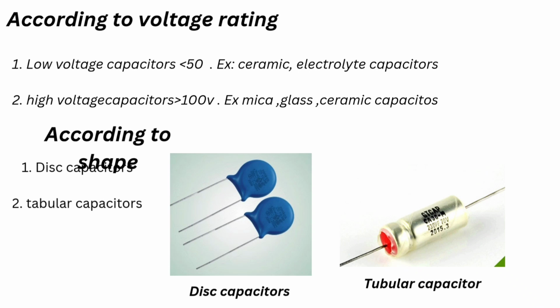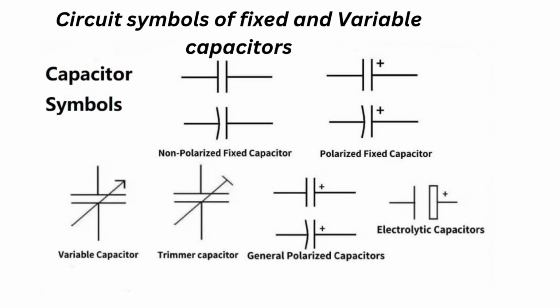Coming to high voltage capacitors, a capacitor rated greater than 100 volts we can consider a high voltage capacitor. Examples are mica, glass and ceramic capacitors. Capacitors are also classified according to shape: disc capacitors and tubular capacitors. You can see the images of disc and tubular capacitors here.